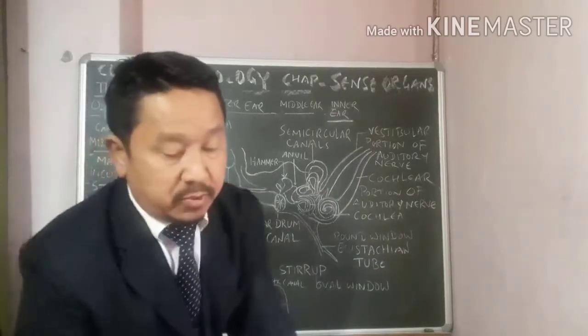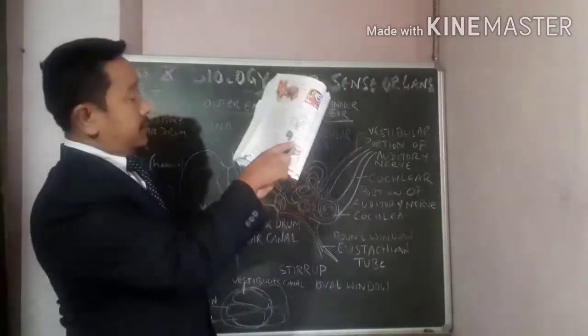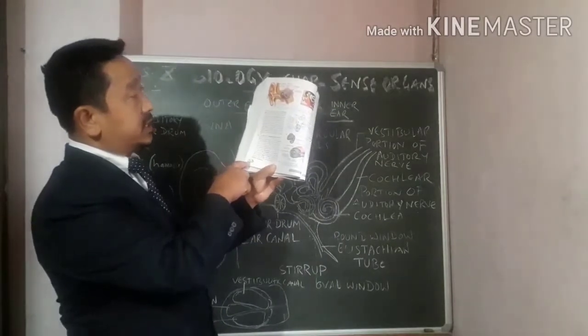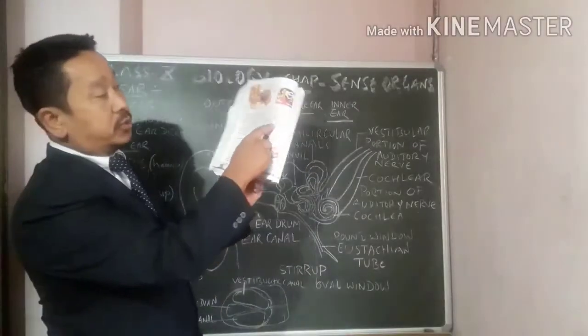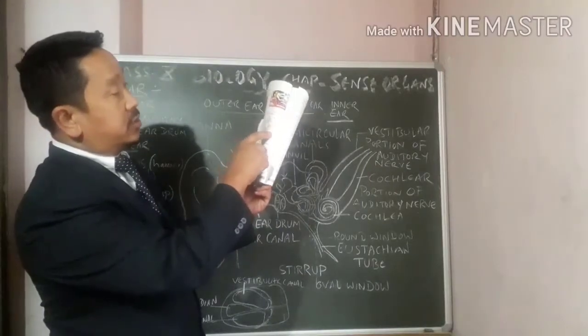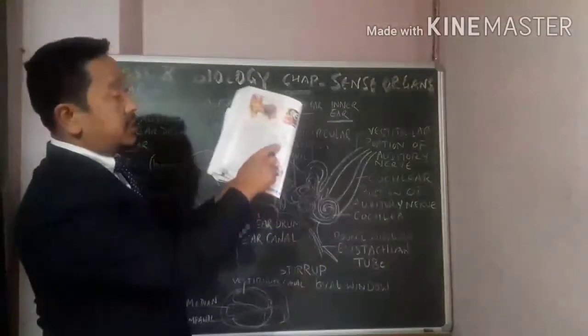Here in the book, have a look at your book, it is on page number 146. This diagram is the one that I have drawn. The other diagram shows your utriculus and sacculus out here.